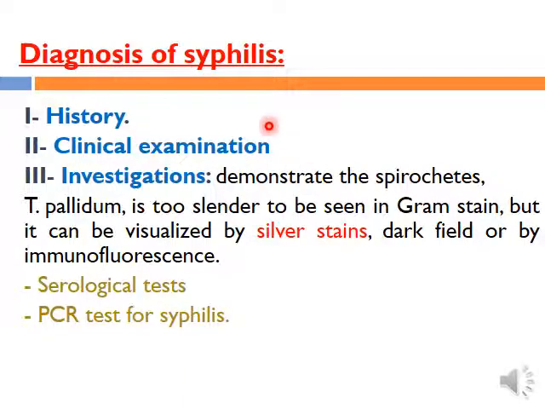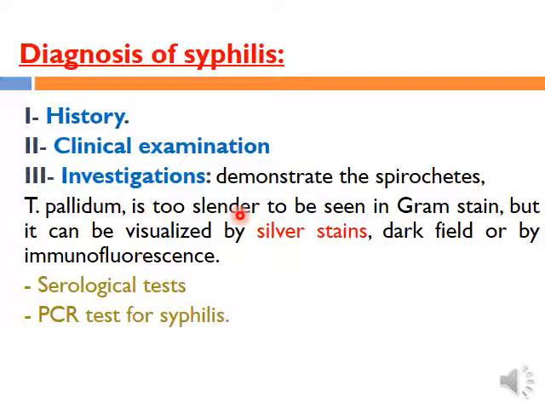Diagnosis of syphilis usually results from a combination of history, examination and investigation. In investigation, there is detection of the spirochetes, the microorganism Treponema pallidum, and we usually do not use Gram stain because the microorganism is slender and thin and cannot be easily detected with Gram stain.